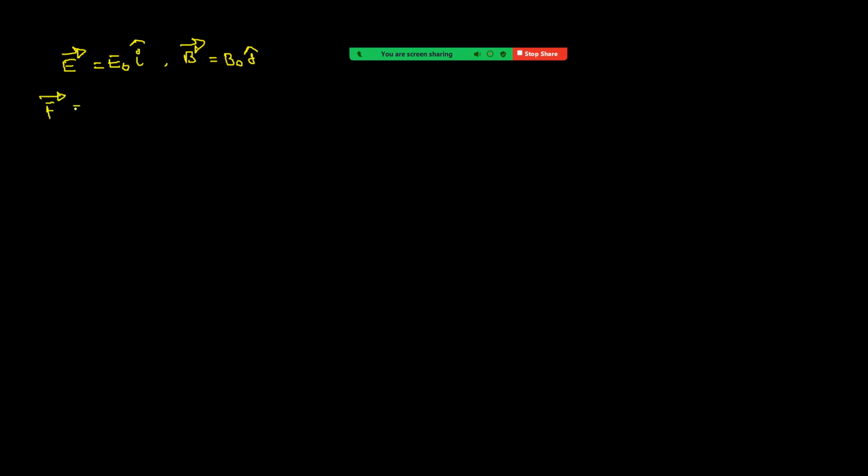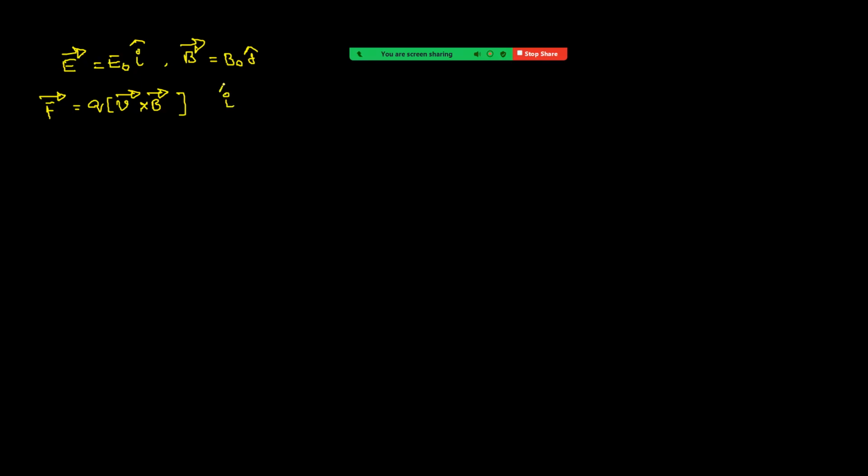F bar equals Q into V bar cross B bar. Focusing only on the magnetic field: because of the electric field, the particle gains velocity along the positive x-axis, so the velocity is along i cap.